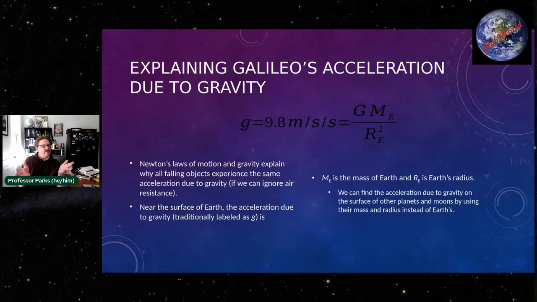How do we know that that's gravity? How do we know that it's gravity that is causing it? Well, the 9.8 meters per second squared was a measured quantity. Galileo measured that value through his experiments.